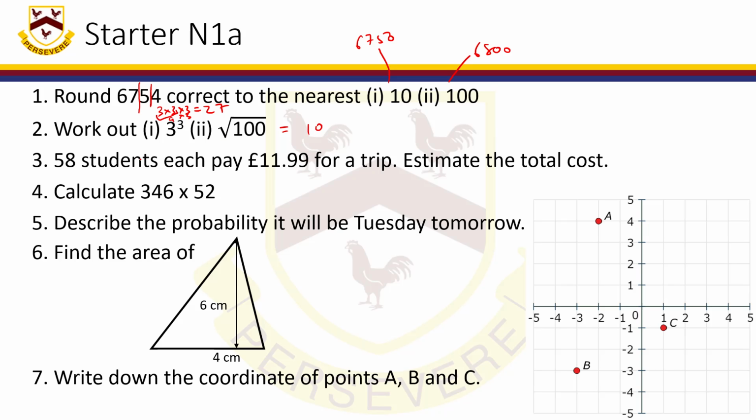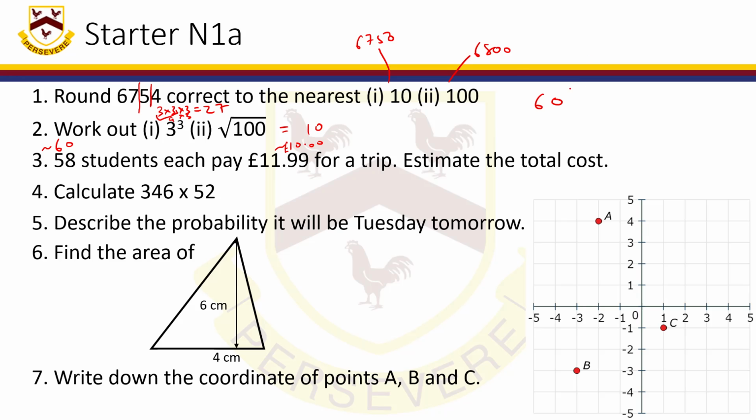Question 3, 58 students each pay £11.99 for a trip. Estimate the total cost. So 58, I can round to 60. Let's put 60 here, approximately. And 11.99, I can round to approximately 12 or 10 pounds. I like 10 pounds because it's easier for me.